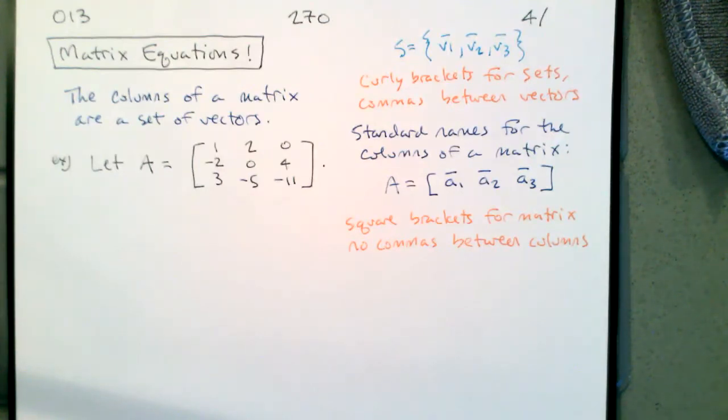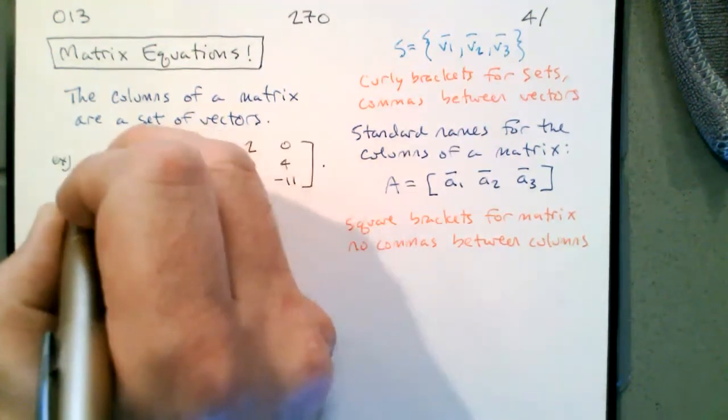So what we need to do is multiply a matrix by a vector.